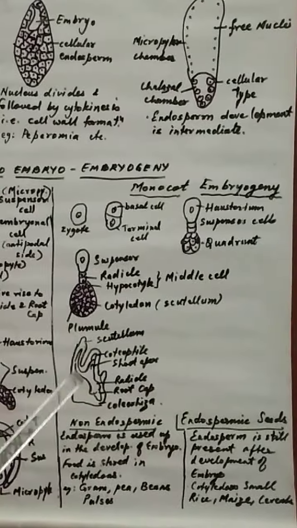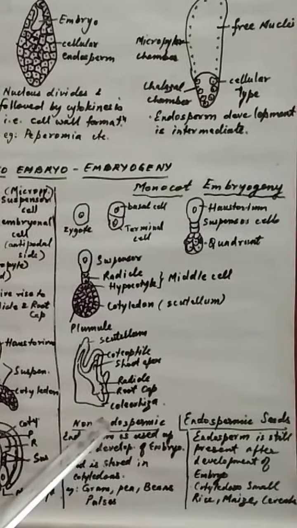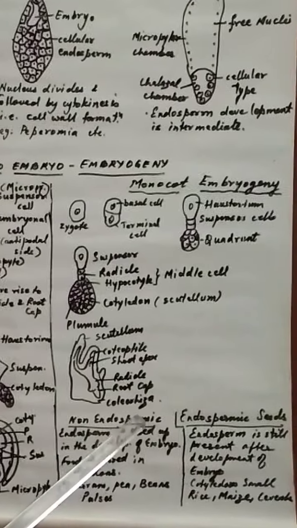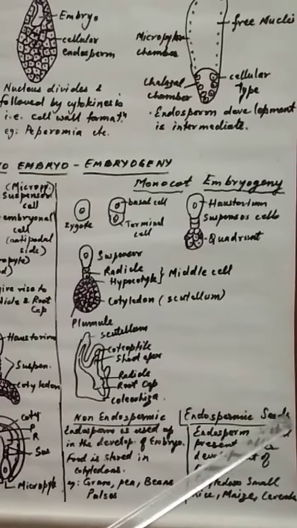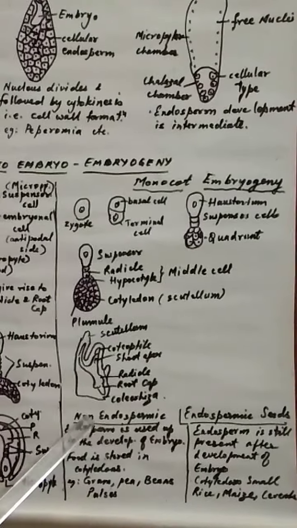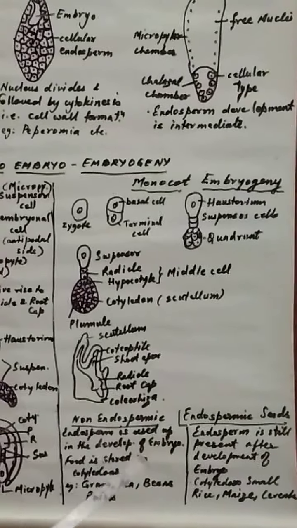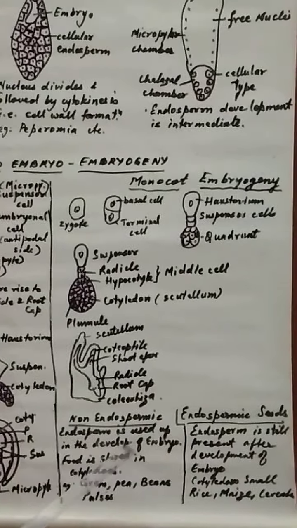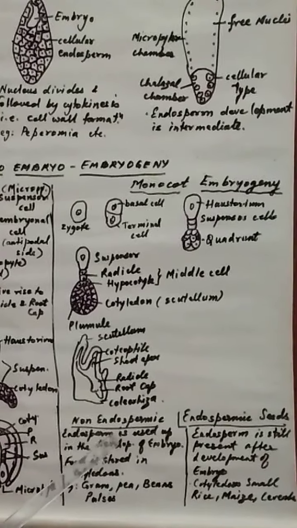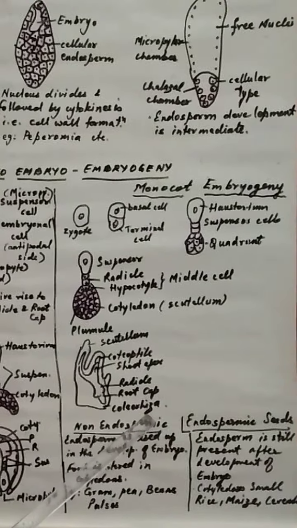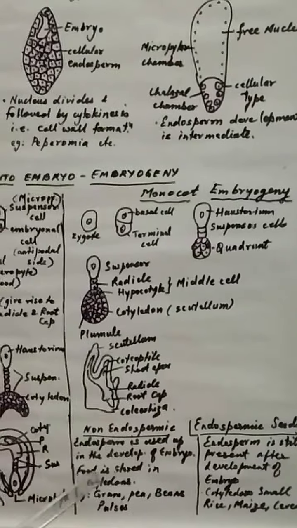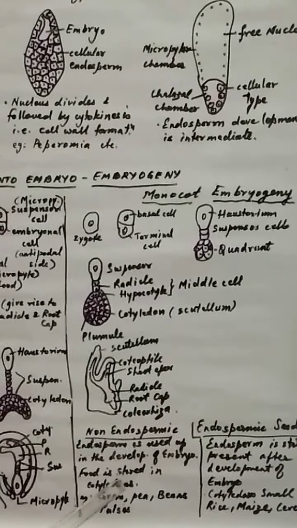On the basis of the endosperm, there are 2 types of seeds, non-endospermic seeds and endospermic seeds. What are non-endospermic seeds? Endosperm is used up in the development of the embryo. Such seeds are called non-endospermic, and in them food is stored in the cotyledons.